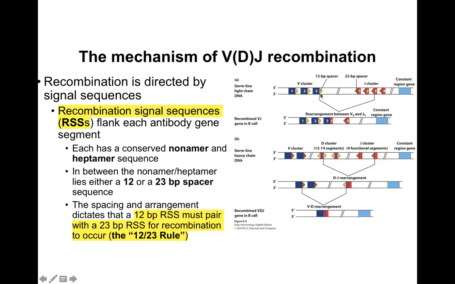So a 12 RSS element has to recombine with a 23 base pair one. And in the heavy chain, there are RSS elements on one side of the V segments, and on both sides of the D, because the V, D, J, and then the C have to connect together. The D and J recombination happens first, and then the V and the D, and so this 12-23 rule applies.